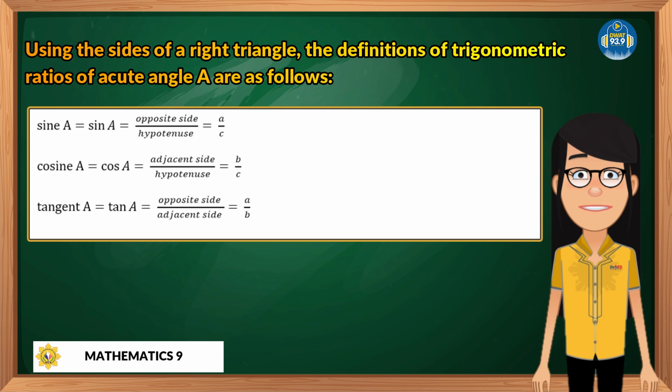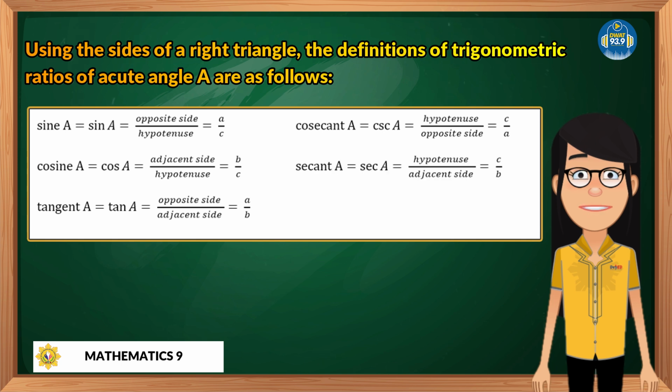Tangent A is equal to opposite side over adjacent side, or a over b. Cosecant A is equal to hypotenuse over opposite side, or c over a. Secant A is equal to hypotenuse over adjacent side, or c over b, and cotangent A is equal to adjacent side over opposite side, or b over a.